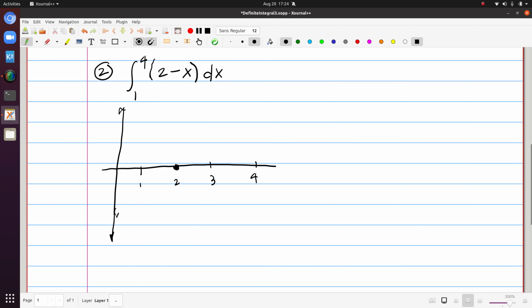When we plug in 1, we should get positive 1, and we should get negative 2. So this is my function. And to be a little bit more precise, when I talk about the area under the curve, what I should say is the area between the curve and the x-axis. So this crosses over the x-axis.